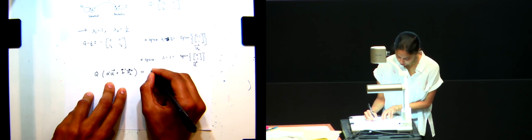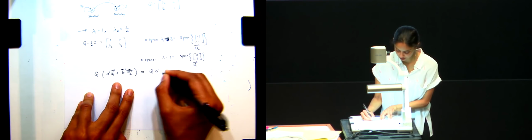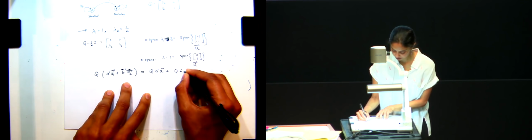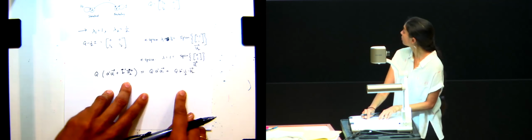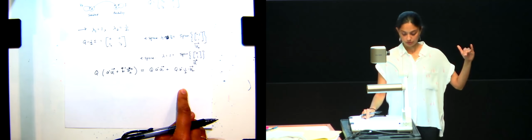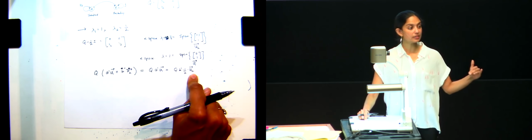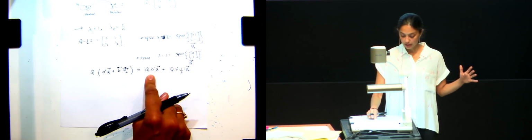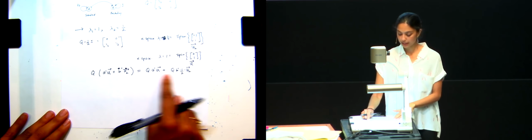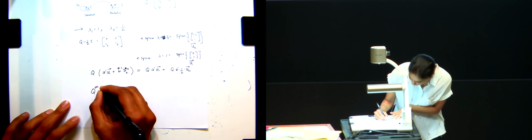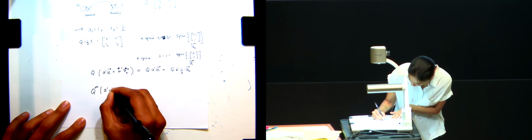I get Q times A prime times V1 plus Q times B prime times 1/2 times V2. Exactly what we did in the previous example. These are the two eigenvectors. I'm using the basis that is generated by the eigenvectors to express any point, right? I'm writing it in the basis of V1, V2. So now what happens if I take Q to the M times A prime V1 plus B prime V2?